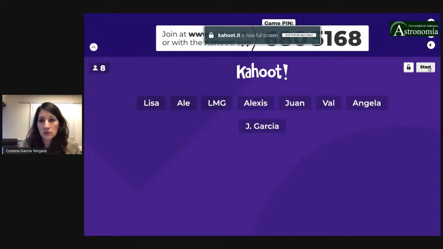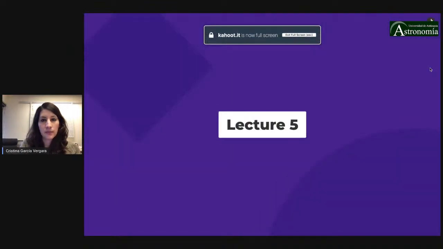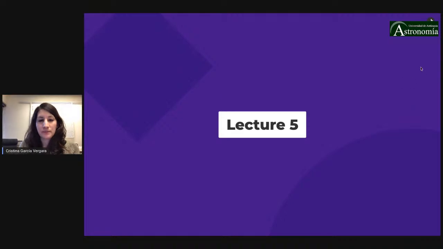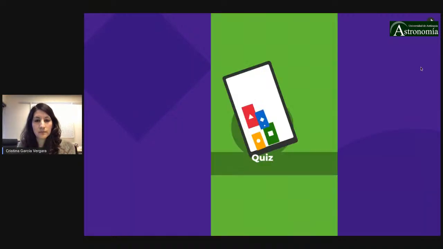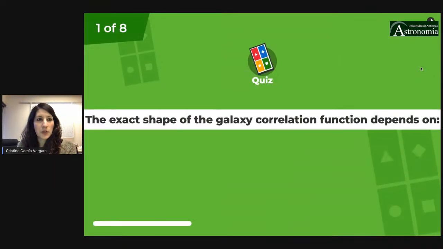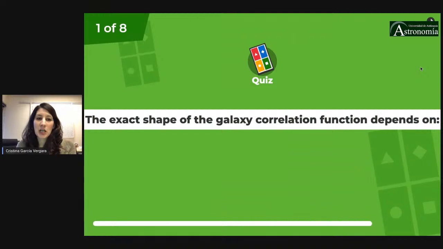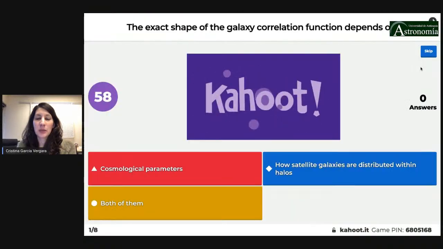Full screen. Okay. So the first question is, the exact shape of the galaxy correlation function depends on cosmological parameters, how satellite galaxies are distributed within halos, or both of them?